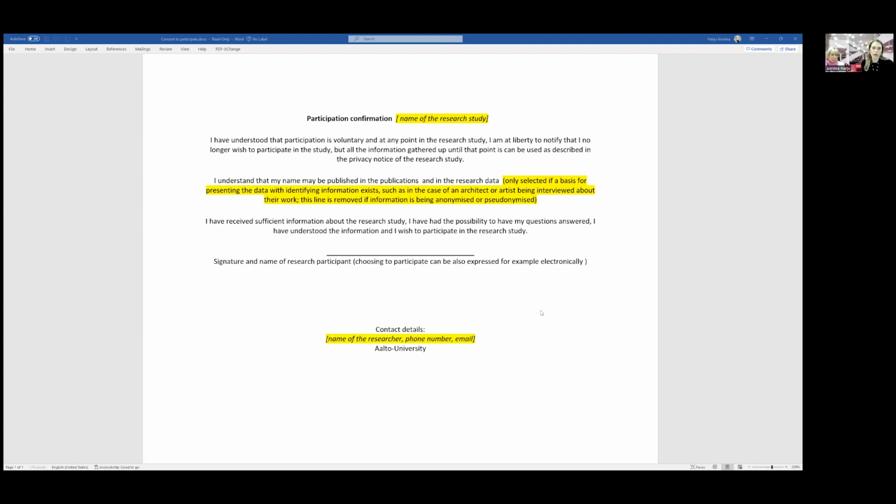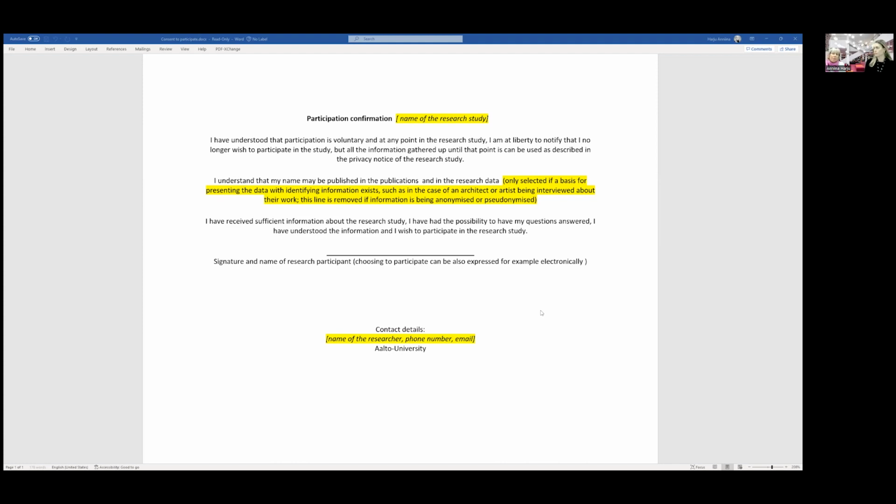So usually, if you're doing this for the first time, you can ask for advice or examples from more senior members in your research group or your supervisor. They are usually happy to help you with drafting the information sheet as well.